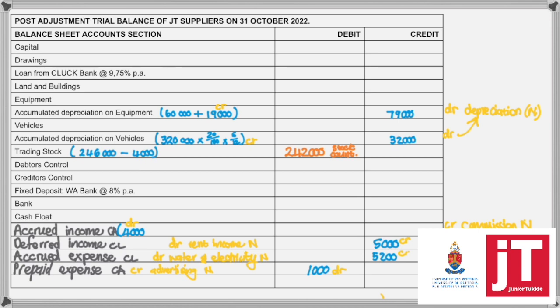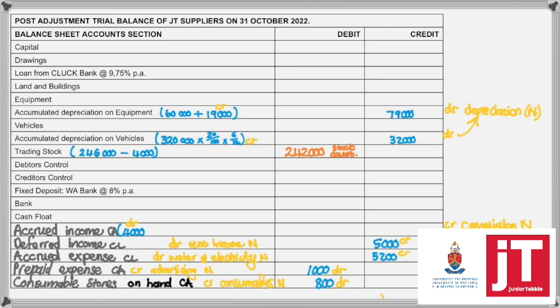And then the difference between the 242 and the original balance of 246, that 4,000 Rand is then your deficit. So that will then go into trading stock deficit on the debit side. And this is then a credit on trading stock. So the debit will go onto trading stock deficit.